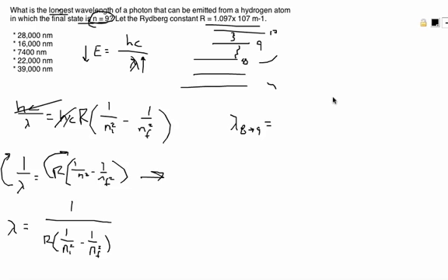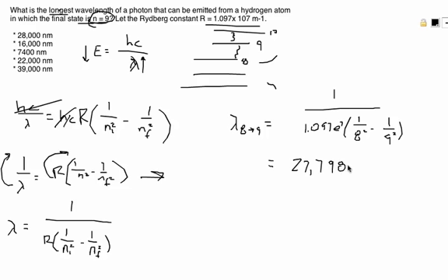That's going to equal 1 over our R, which is 1.097 e to the 7th, times from 8 to 9, that's going to be 1 over 8 squared minus 1 over 9 squared. And when we do that calculation, we get 27,798 nanometers.